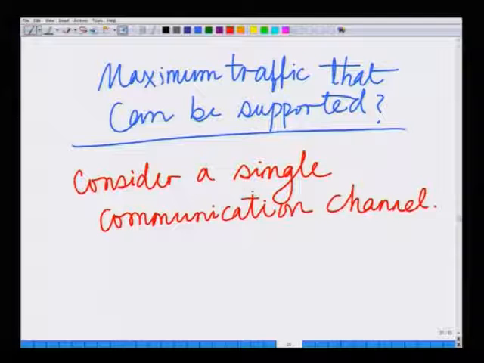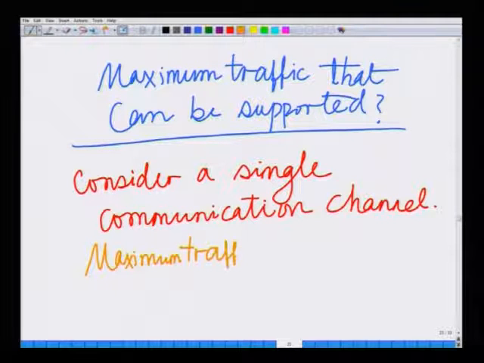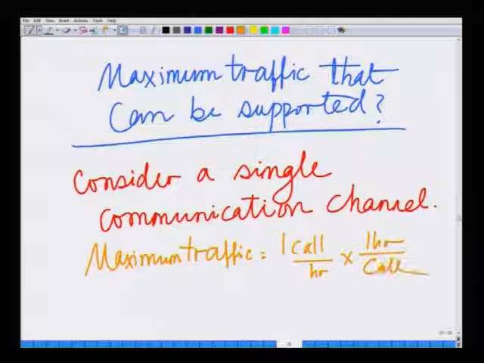So speaking of a single communication channel, the maximum supported traffic equals 1 call per hour into a duration of 1 hour per call, which is nothing but 1 Erlang of traffic.